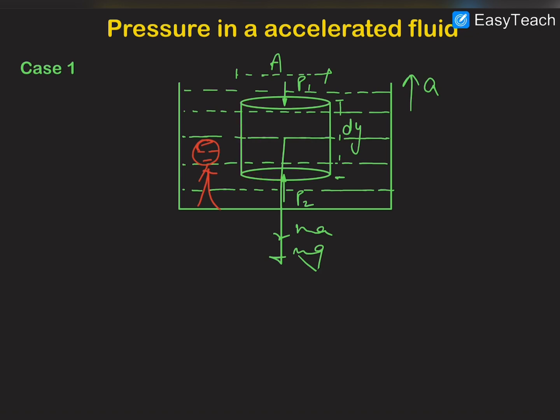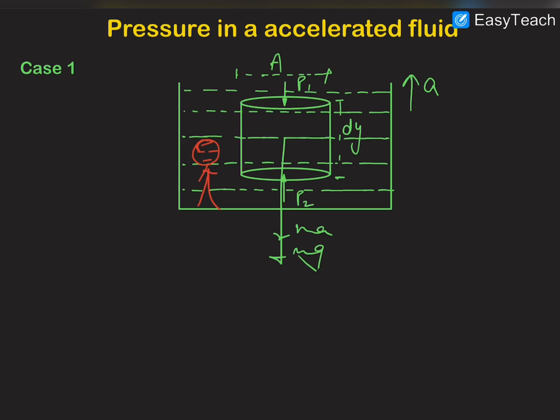Now obviously, as this observer is accelerated in the upward direction, a pseudo force would be acting on the cylinder along with the mg in the downward direction. So the total force acting in the downward direction would be mg plus ma, where m is the mass of this cylinder, and this force will be counterbalanced by the pressure difference.